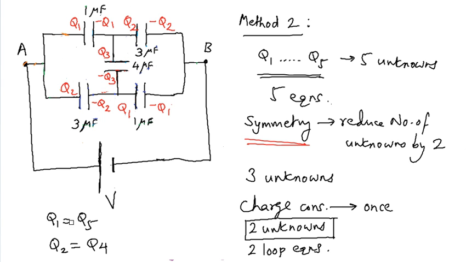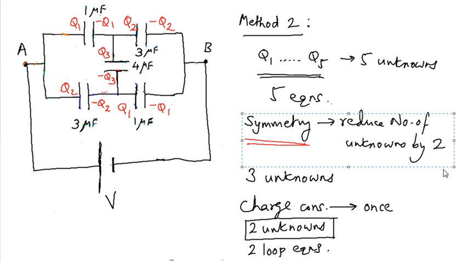Now just to simplify things, I am going to remove those parts of the solution which we will no longer require. We have already used them. So Q1 is equal to Q5, I remove it. Q2 is equal to Q4, likewise I remove. And also we have utilized the symmetry condition, and we have of course reduced the number of unknowns.